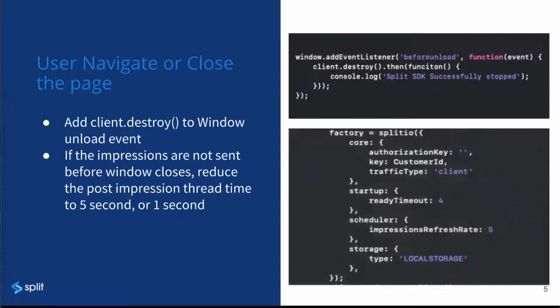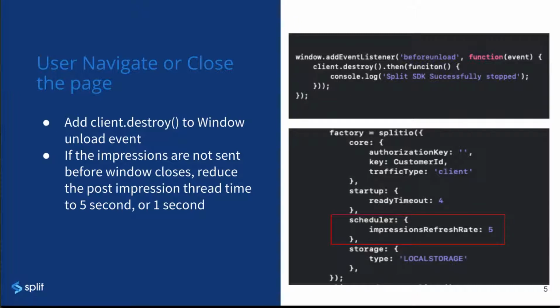So if we implemented the client destroy in the unload event, but we still see an impressions mismatch count between the impressions that show up in the Split UI and our server backend, then we can improve the time when the impression post thread actually runs.